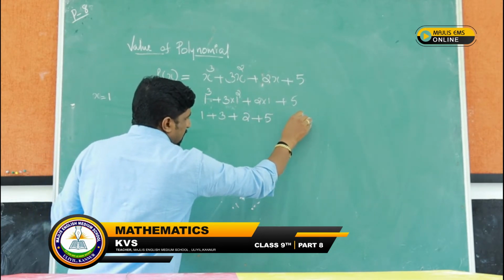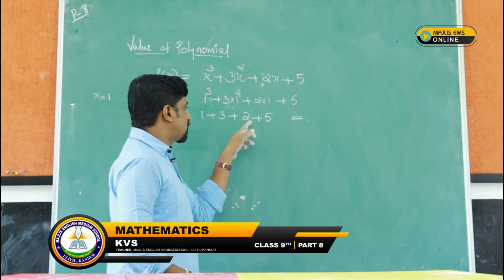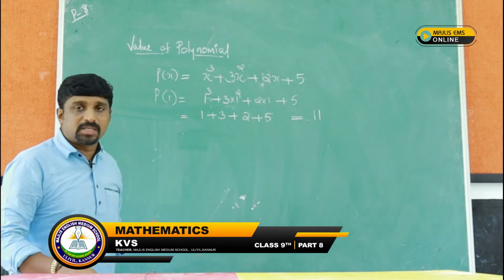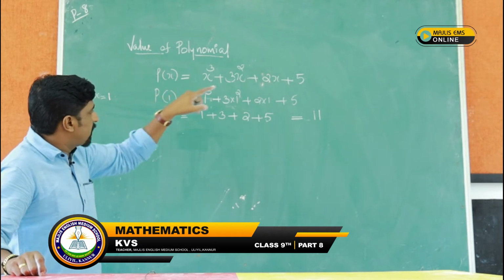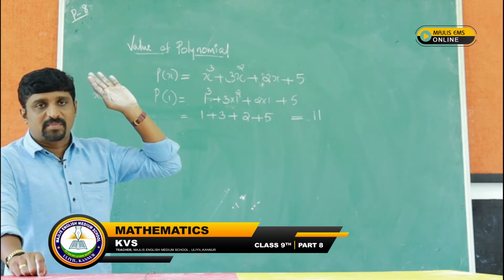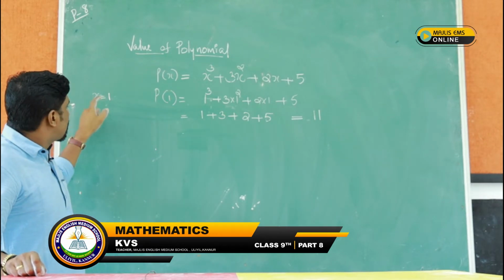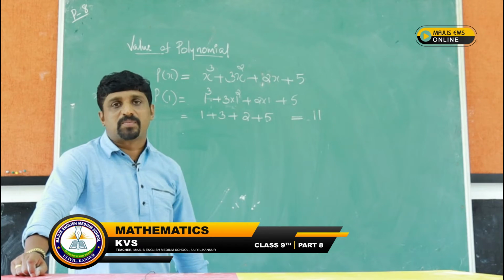After addition, 1 plus 3 is 4, plus 2 is 6, 6 plus 5 is 11. Therefore, the value of this polynomial when x is equal to 1 is 11. Clear? This is known as the value of a polynomial.